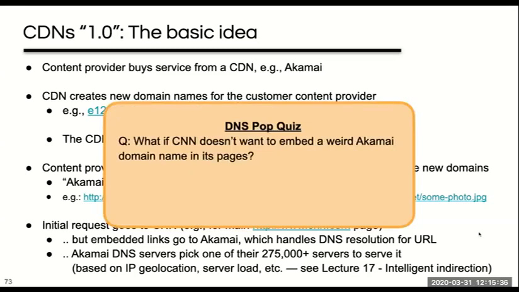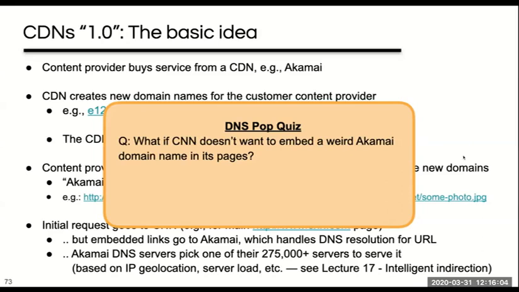So, DNS pop quiz here. If CNN doesn't want to embed a weird Akamai domain name in its pages, is there anything it can do about it? Yeah, way to go, people.